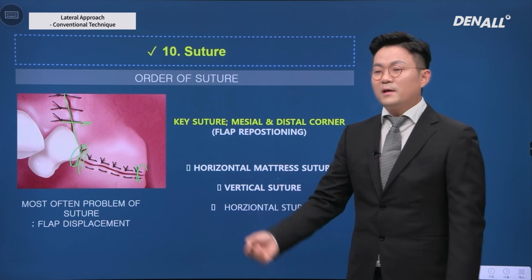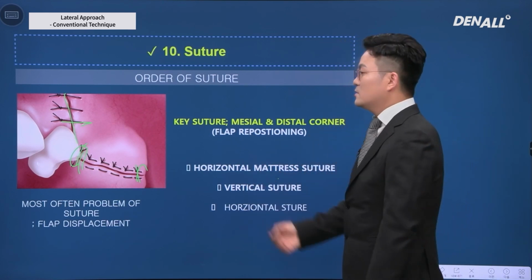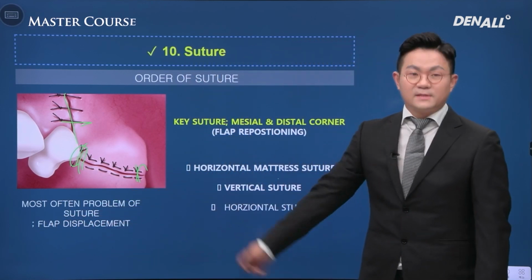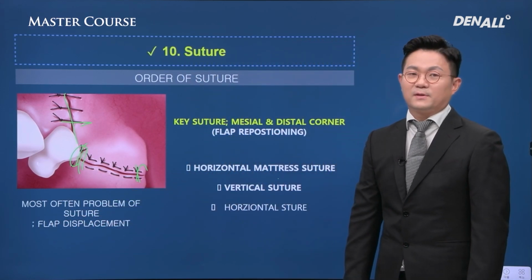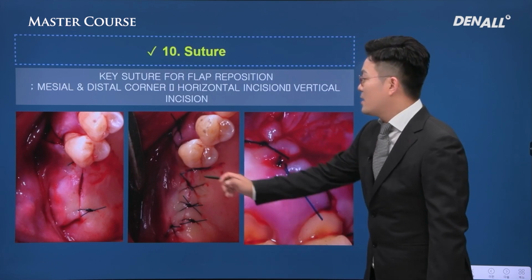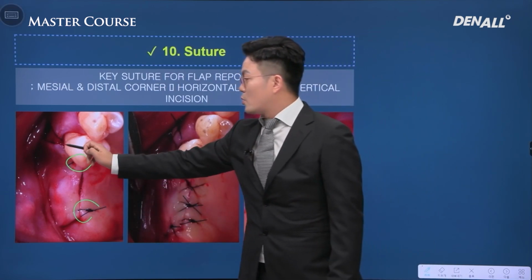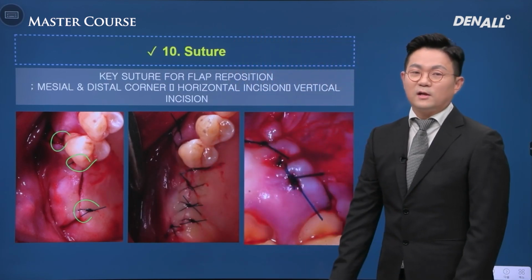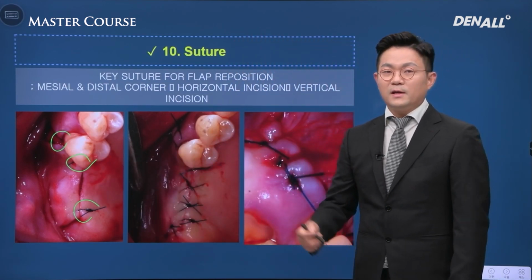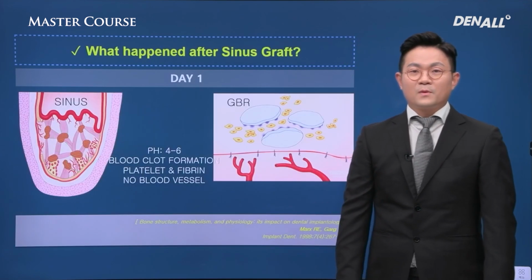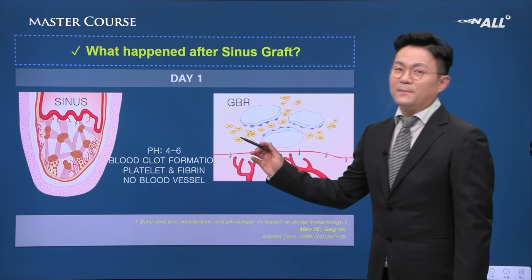But there are key positions that you need to consider, which I pointed out before. You have to be mindful there, and these areas need to be very carefully considered to avoid flap displacement. If you look at these areas and do the suturing well there, then there will be no flap displacement.